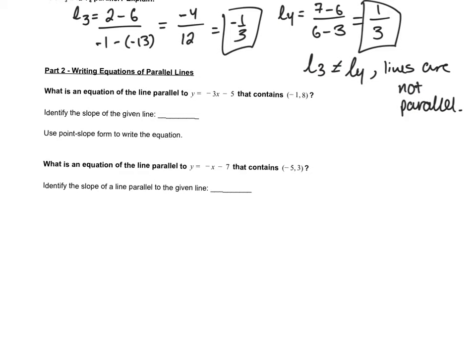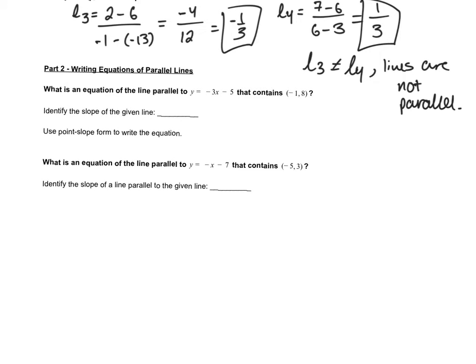All right, part 2 says write equations of parallel lines. What is an equation of the line parallel to y equals -3x minus 5 that contains the ordered pair -1, 8? Here we're going to have to write the equation in point slope form because we're given an ordered pair. Remember, point slope is y minus y1 equals m times x minus x1.